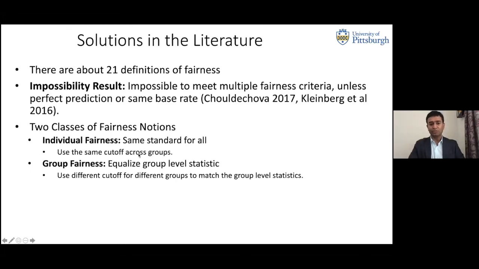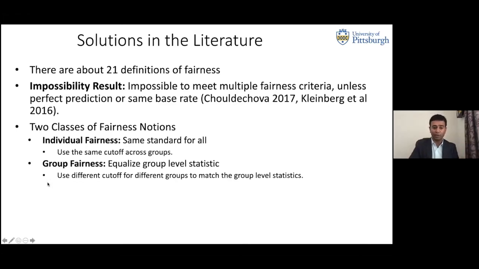Individual fairness notion simply means that you use the same standard for all the individuals. For example, the same cutoff should be used for all individuals. Like I was giving you an example of false positive rate, you have to use the same cutoff. So all the individuals should be subject to the same criteria. Group level fairness notion is like matching the false positive rate or false negative rate and so on.